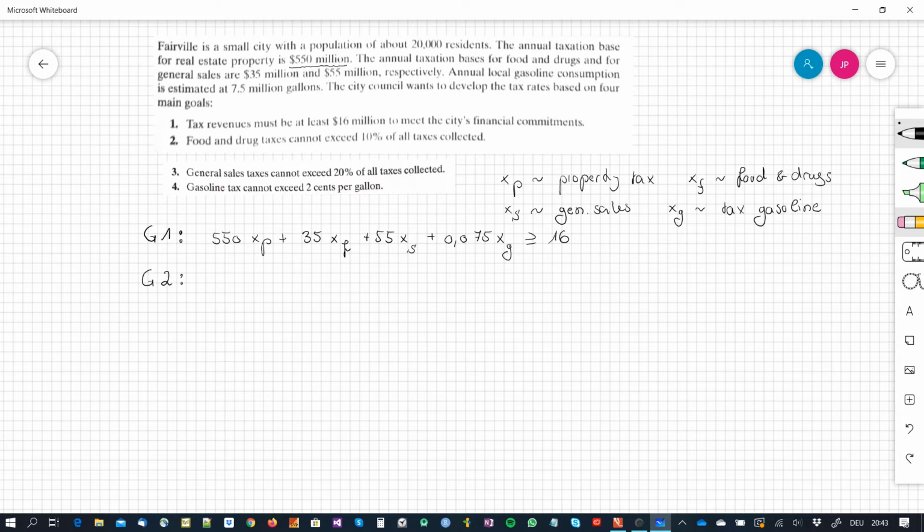That means that now we take the 35 million for taxes for food and drugs, and these shall not exceed 10% of all taxes collected, and that means that we need to take the overall tax bases in sum and multiply it by the 10%.